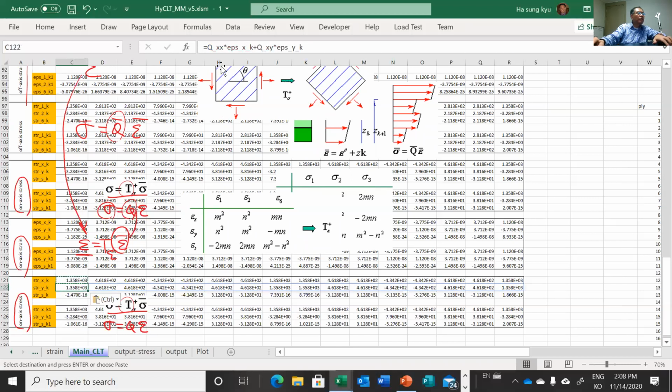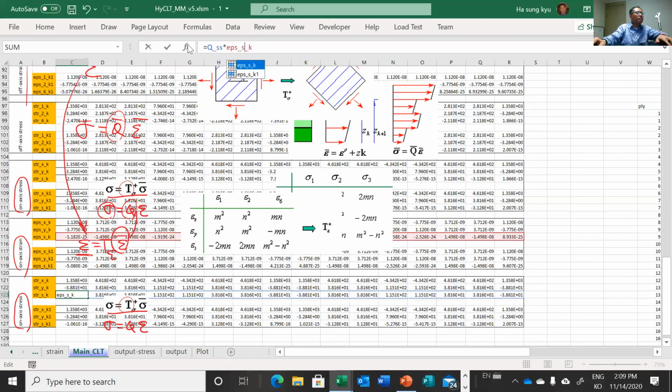And multiply here, and this is going to be x, y, and this is y, y. And this one, let's also copy and paste. And this one is what? Since this is the on axis, we don't have any material property, but only xs and s, right? Others are automatically changed.